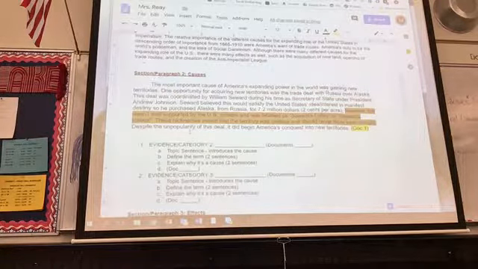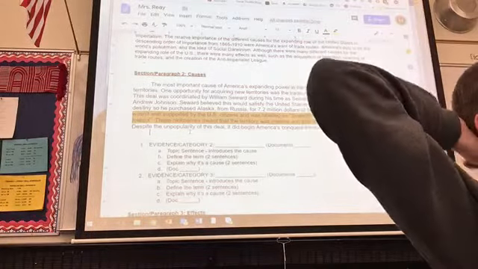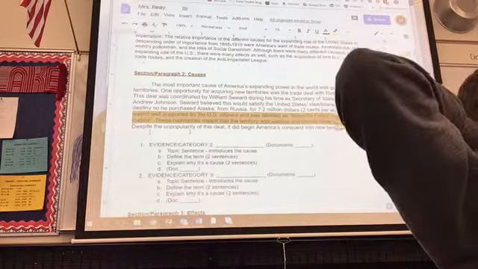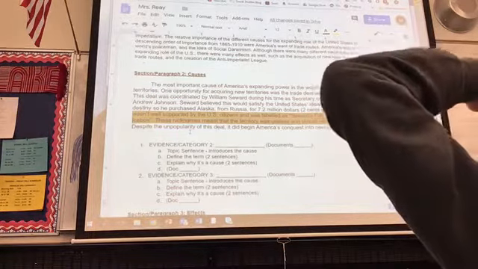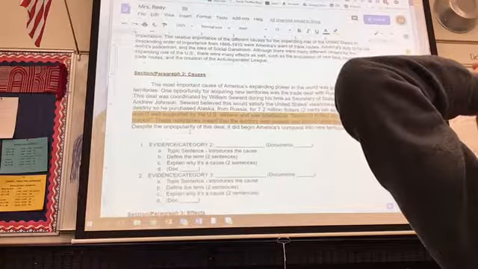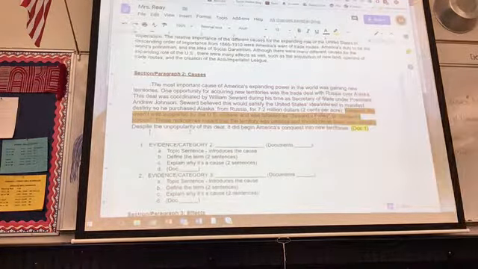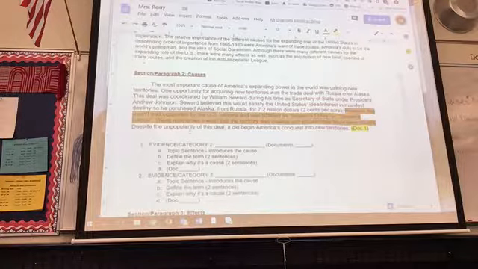Okay, listen. If you will put in the first box on the left where it says document, whatever document you are working with right now, go ahead and put into that left-hand box at the top.